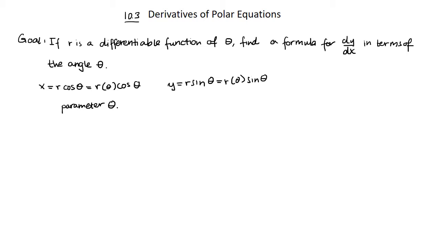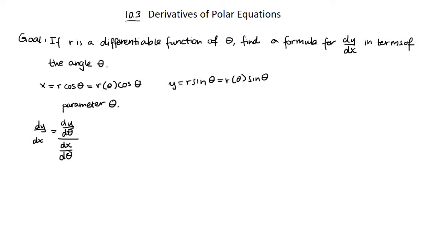When we talked about finding dy/dx for a parametric equation for x and y, we said that to calculate dy/dx, we could calculate dy/d theta and dx/d theta. So that's what we're going to do here: take the ratio of dy/d theta and dx/d theta.